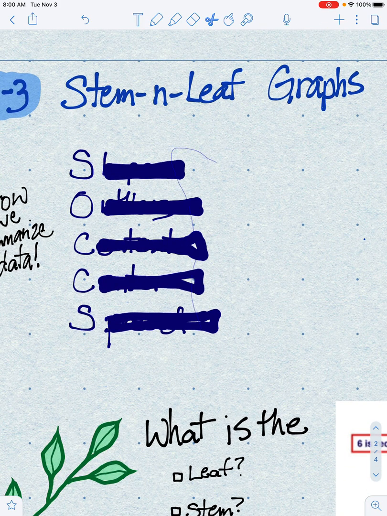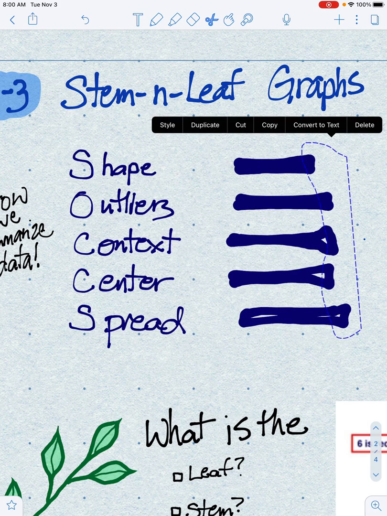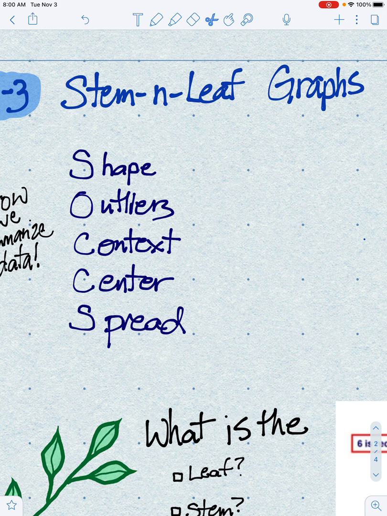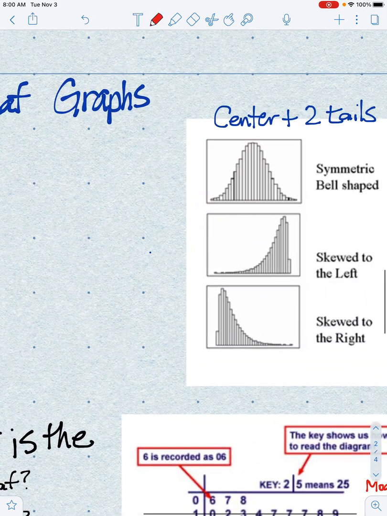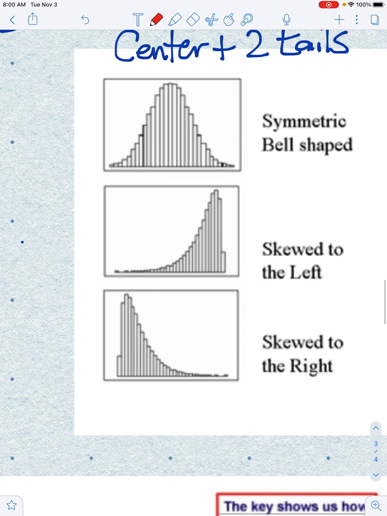And there's 5 words that we want to highlight here that describe these. First of all, there's the idea of shape. When we create a stem and leaf graph, it's going to give us a shape of the data. You have 3 basic types of shapes that you should recognize.